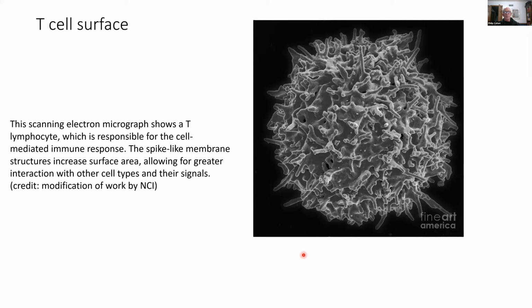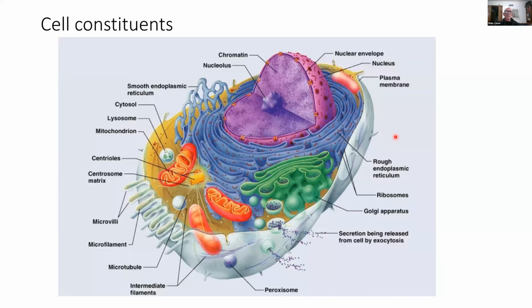And this is a representation of the inside of the cell, just so you can see that it's pretty complex. This cell can export molecules, and it can recognize molecules on its surface, and that's what we're going to talk about next.